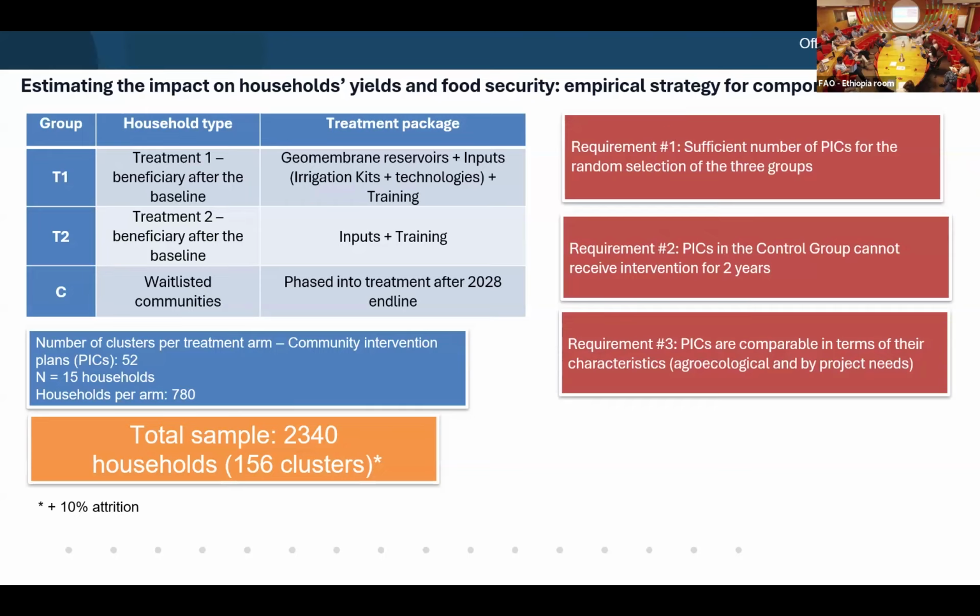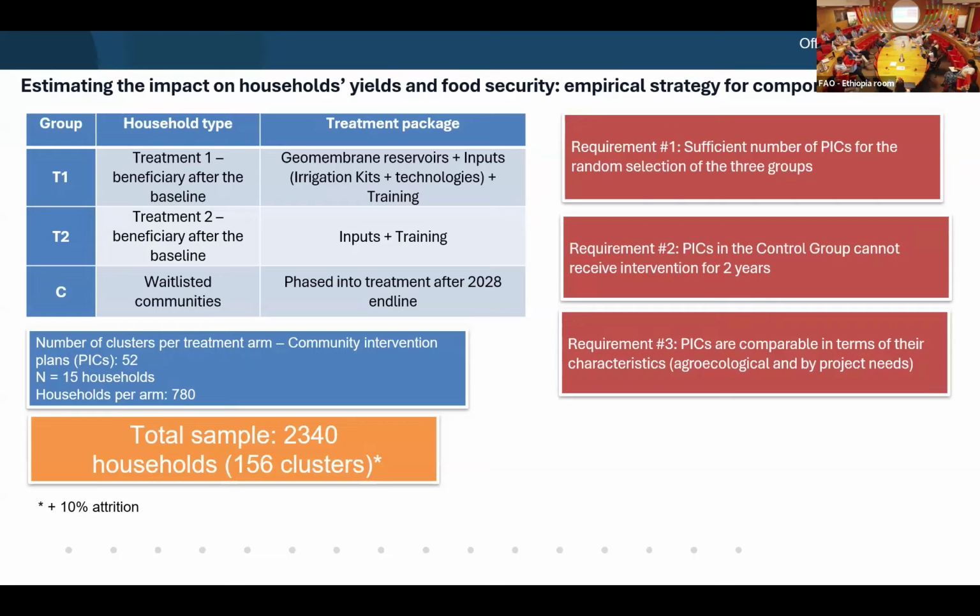So obviously, for this to succeed, we need that the control communities do not receive the intervention in 2 years. And you well know that sometimes it's a challenge. Why? Because you can imagine you do some sensitization with the local communities. You discuss that there will be a project sometime soon, so that there is really a tension for communities to enter.